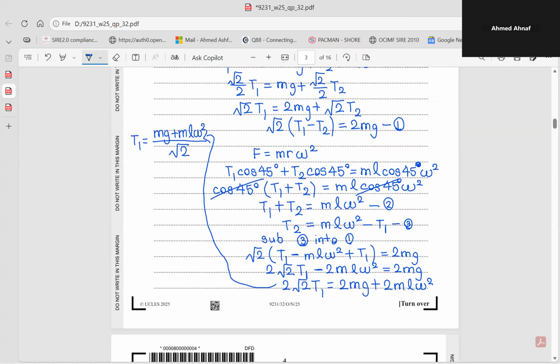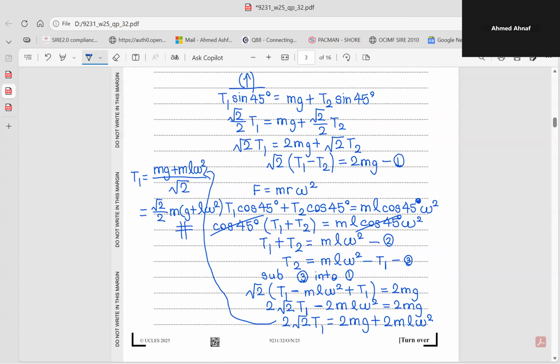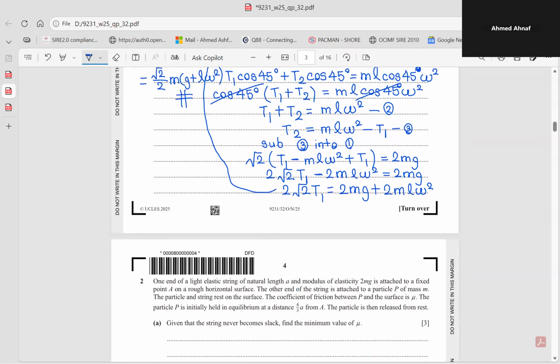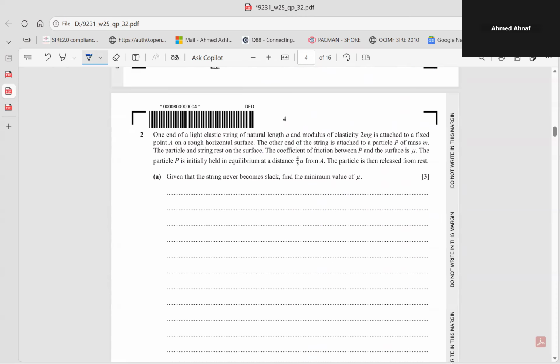But if you want to rationalize the denominator, it's just going to be square root 2 over 2 m bracket g plus L omega squared. So this would be the final answer for this entire question. Let's move on to the next question.